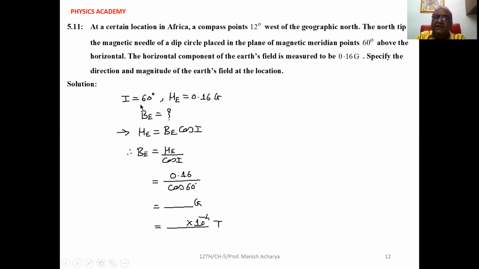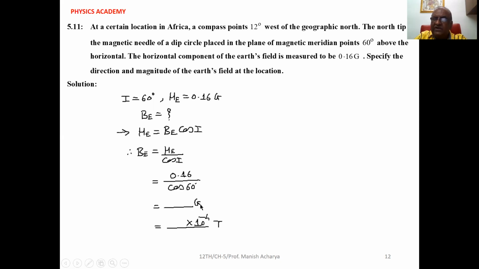Again, simple thing, the angle of dip or inclination that is given to you, 60°. Then horizontal component of Earth's magnetic field is 0.16 Gauss, and you have to calculate BE. So again the equation HE = BE cos I, so BE is HE upon cos I, that is 0.16 upon cos 60.